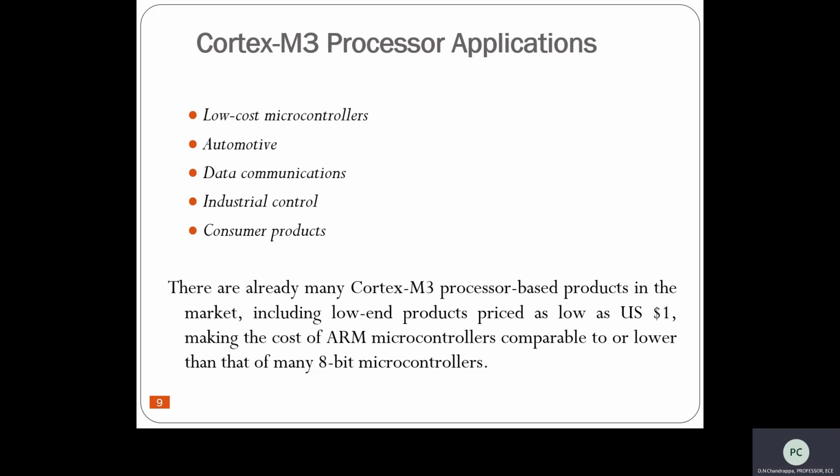Okay. Now we'll come to industrial control. What is needed for industrial control? In industrial control applications, simplicity, fast response, and reliability are the key factors. Interrupt features, low interrupt latency, and enhanced fault handling features make it a strong candidate in the area of industrial control.